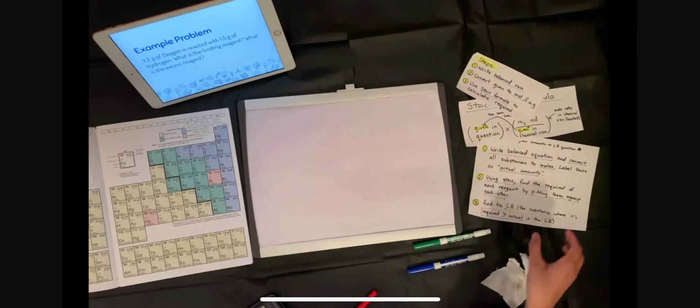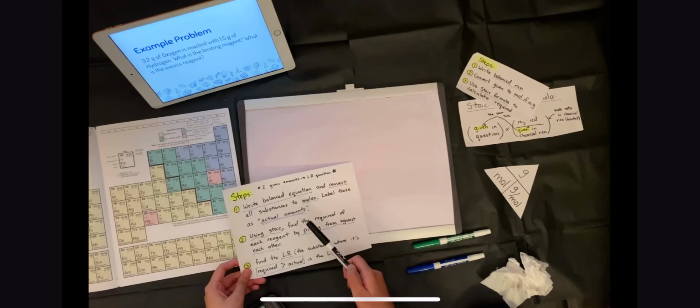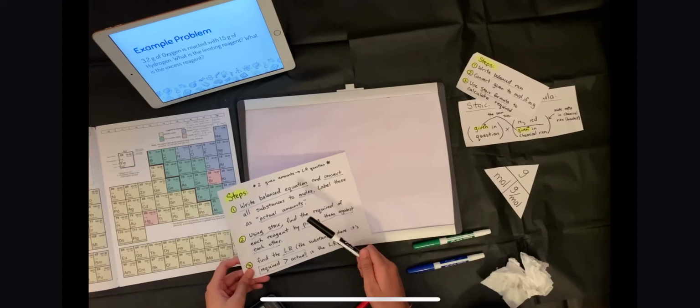For this example problem, we have to find the limiting reagent and the excess reagent. So, to do that, let's follow these instructions. These are the steps for a limiting reagent question.